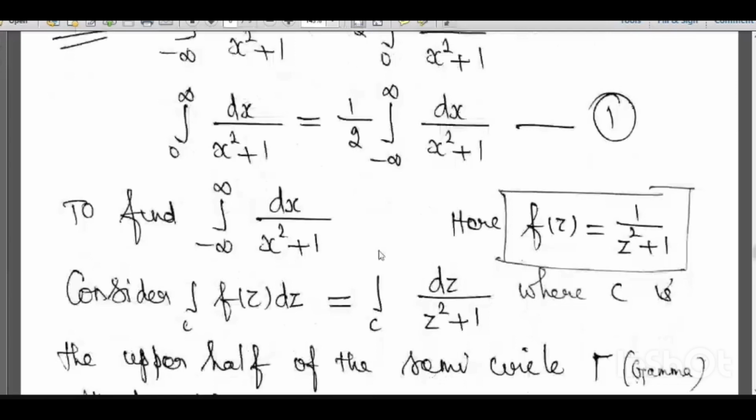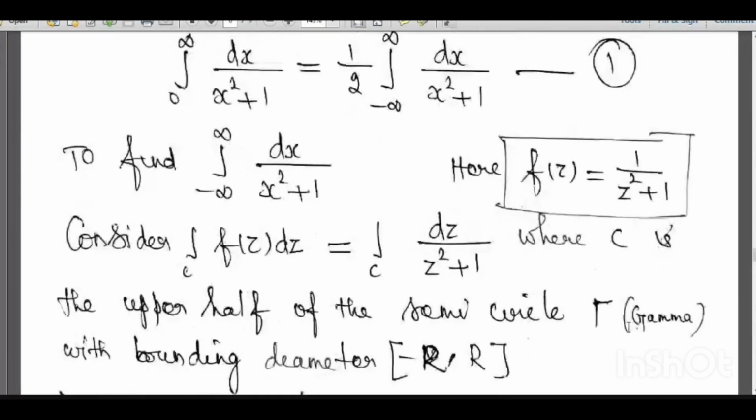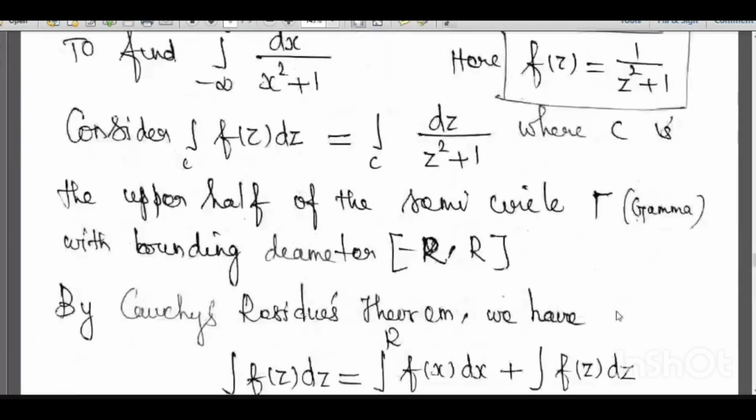Here f of z is equal to 1 divided by z square plus 1. Consider the integral over C of f of z dz, which is equal to the integral over C of dz divided by z square plus 1, where C is the upper half of the semicircle gamma with bounding diameter minus R to plus R. This minus R to plus R is the real line, minus infinity to plus infinity.